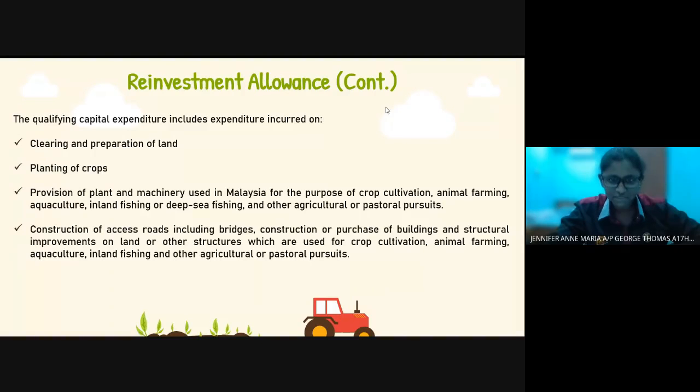Construction of access roads, including bridges, construction or purchase of buildings, including those provided for the welfare of people or as living accommodation, and structural improvements on land or other structures used for crop cultivation, animal farming, aquaculture, inland fishing, and other agriculture or pastoral pursuits.